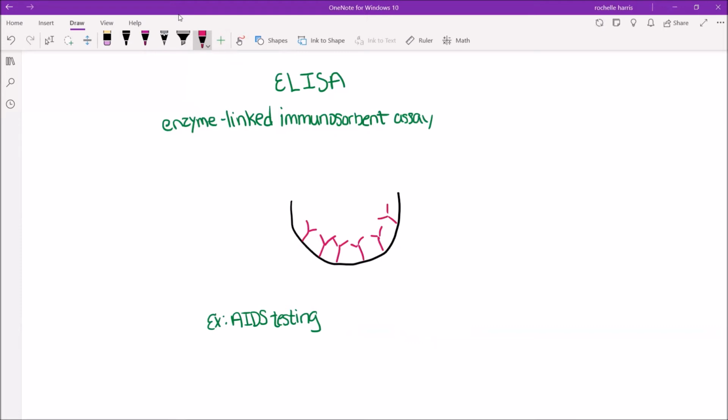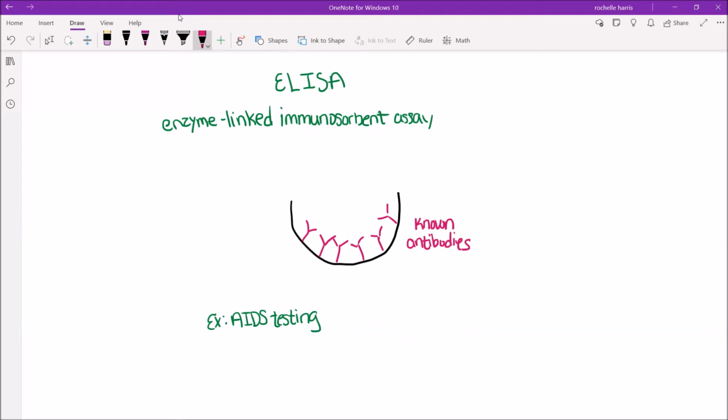These are known antibodies, meaning that they know the bacteria that caused the response within the host to create antibodies.